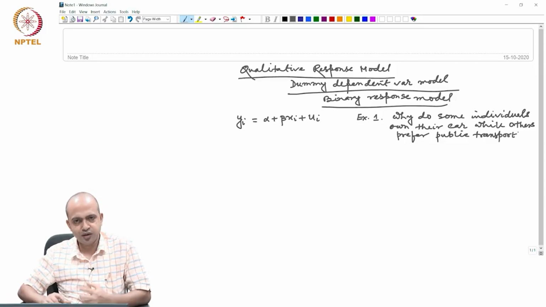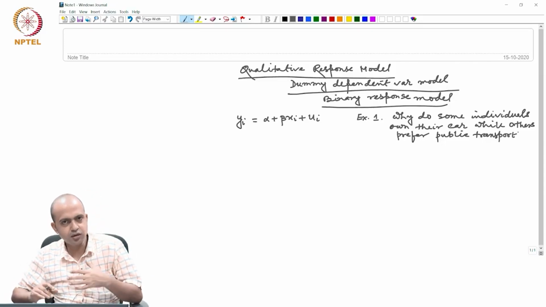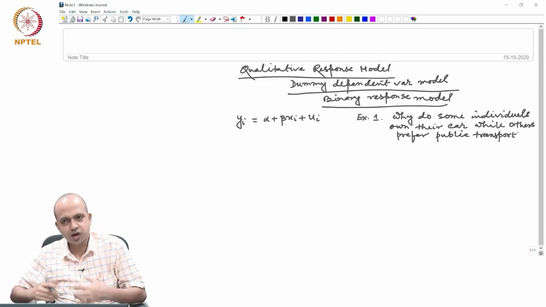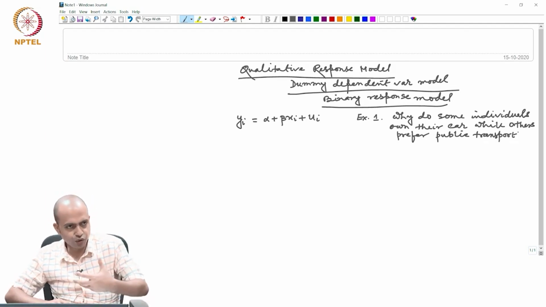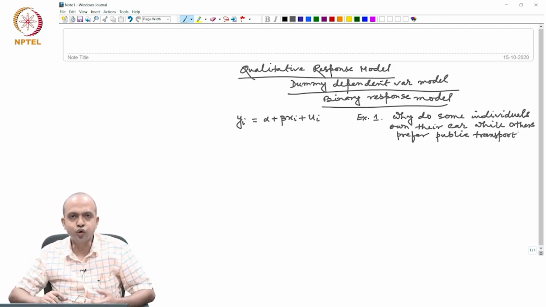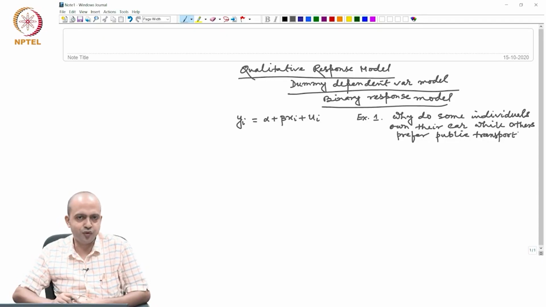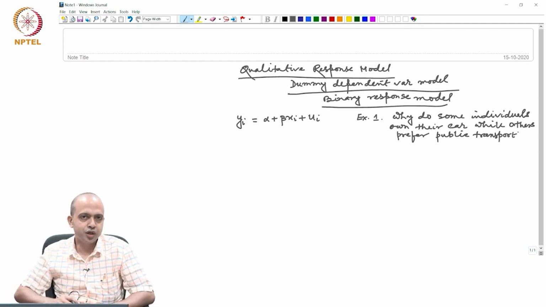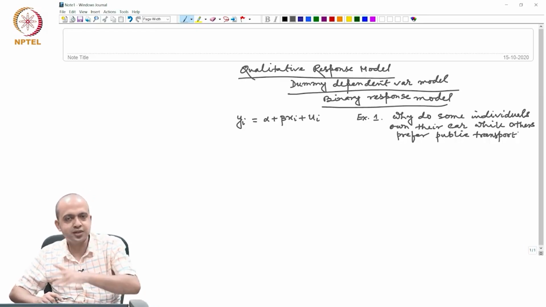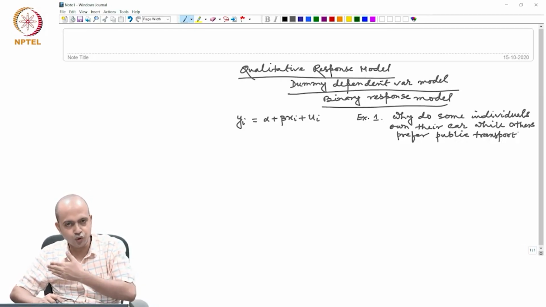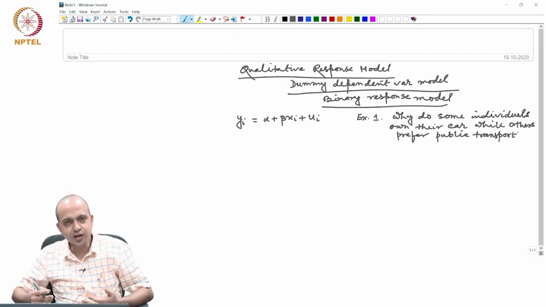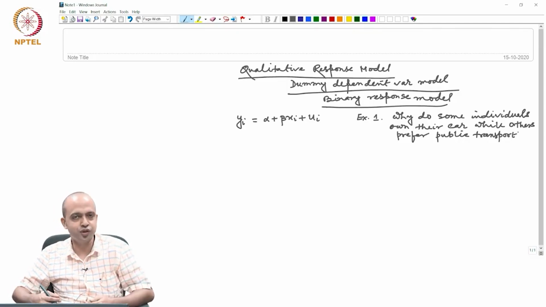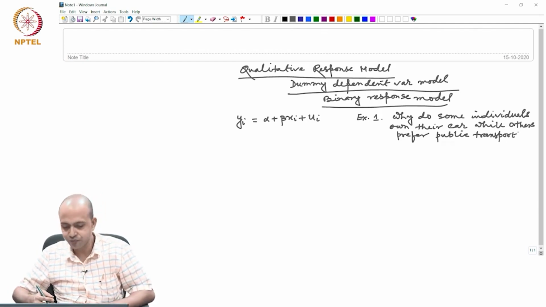So, you are going to explain the factors that can explain car ownership, right. When you go to individuals, you will ask, do you own a car? They will say either yes or no, right. So, this is qualitative information. That yes or no information you have to translate into a quantitative format by assigning, let us say, 1 for yes and 0 for no. So, y equals 1 indicates the ith individual has a car, and y equals 0 indicates the household does not have a car, right.